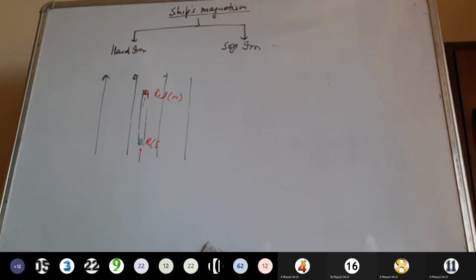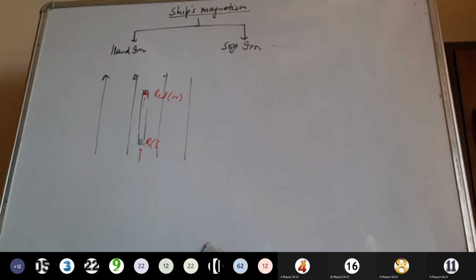Hard iron is that iron which, if it is kept in an inducing field, will not acquire magnetism very fast. It will take some time to magnetize. But once this type of iron acquires the magnetism, it will retain the magnetism for a very long period of time.